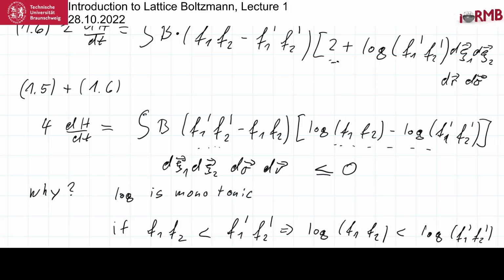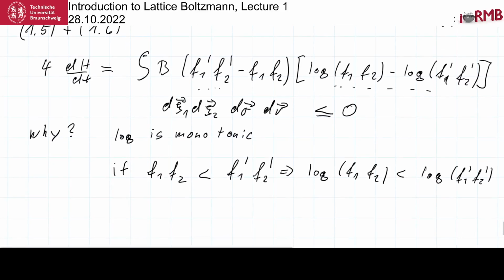So this is why we put the logarithm into it. Meaning that if the first bracket is negative, the second bracket will be positive, and if the first bracket is positive, the second bracket will be negative, and so this is always negative. So this is always either smaller than 0 or it is 0. And this means, because this is a time derivative, the time derivative is always negative.